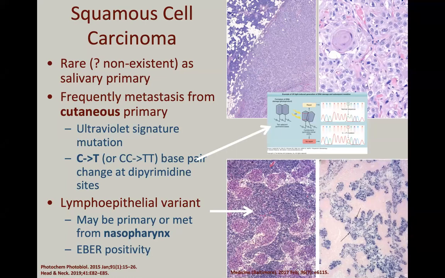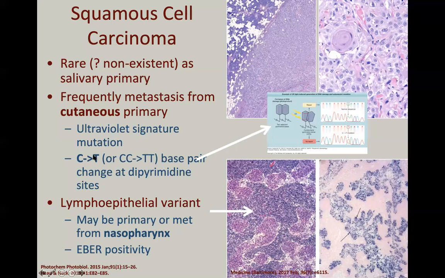However, these are more often than not metastases from cutaneous primary sites. And we have proven that in this institution by the high rates of ultraviolet signature mutations that have been found in squamous cell carcinomas of the parotid. What is ultraviolet signature?